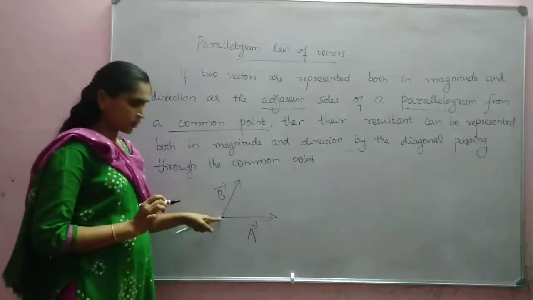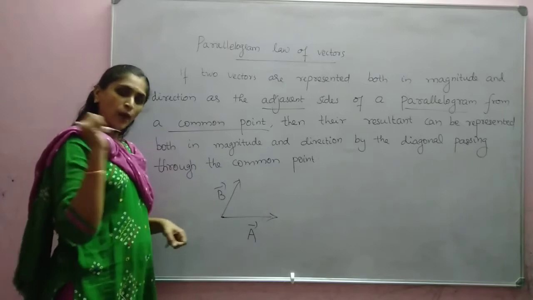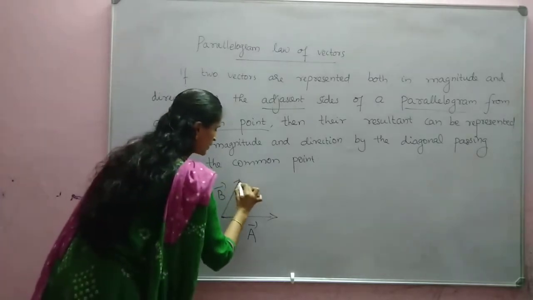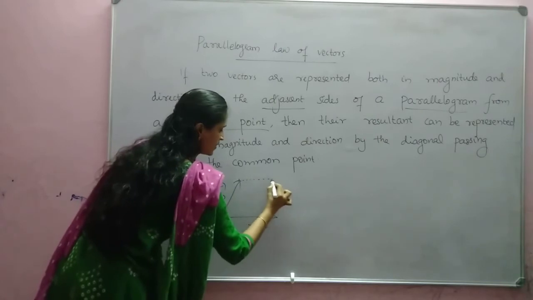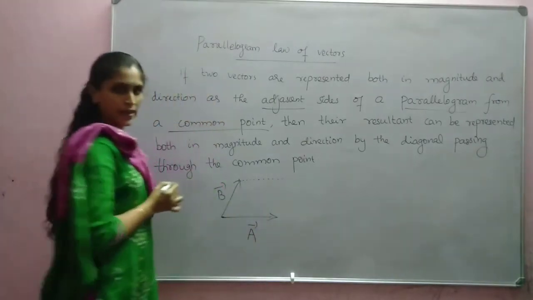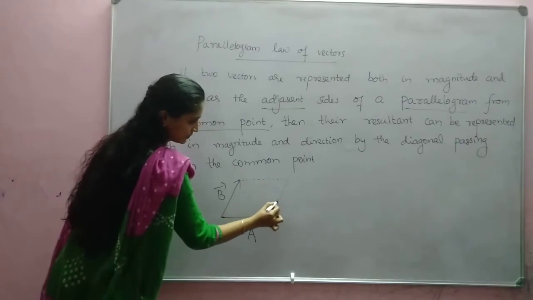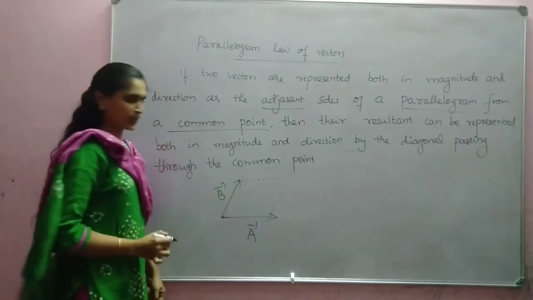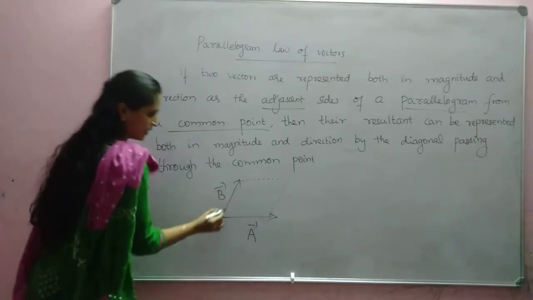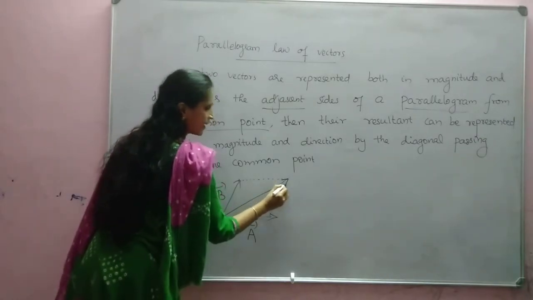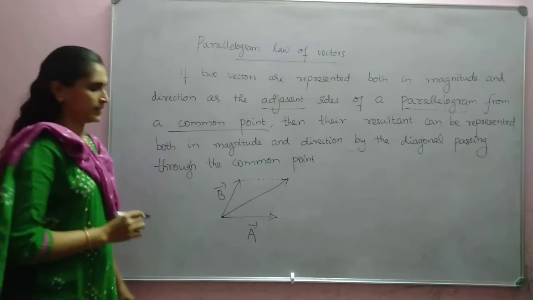Now, how to find the resultant of these two vectors? The resultant is obtained by constructing that parallelogram. So you can construct the parallelogram, and this diagonal will be the resultant.